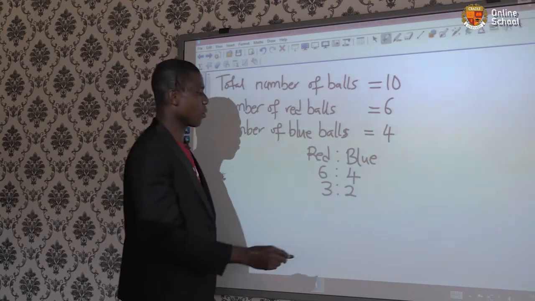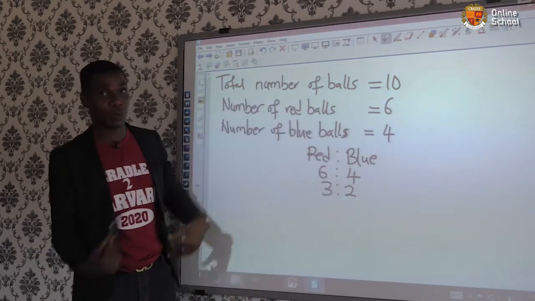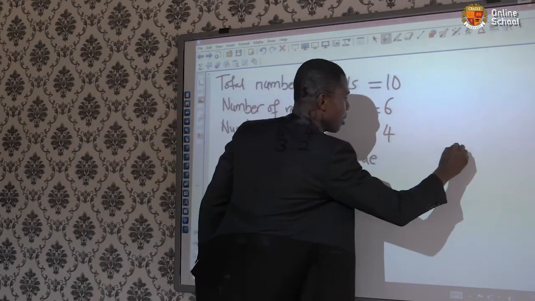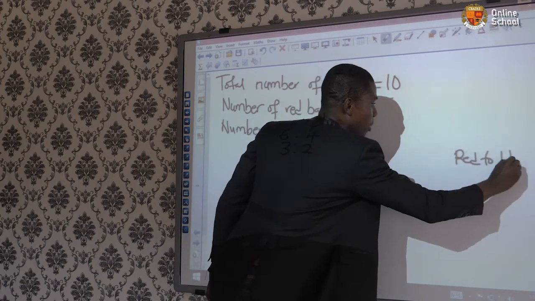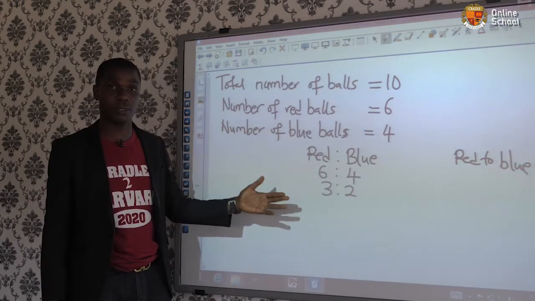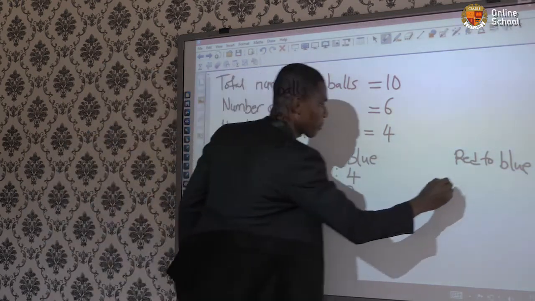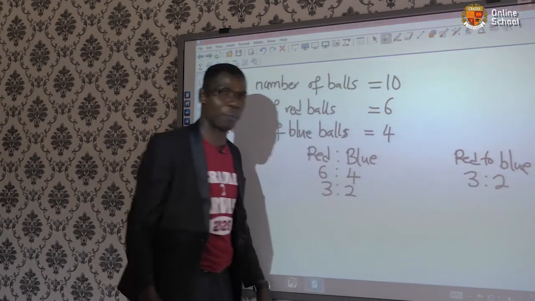So the ratio of red to blue ball, just as I explained earlier. You can see that red was mentioned first before blue. That means red comes first. It is 3 ratio 2. This is part to part.